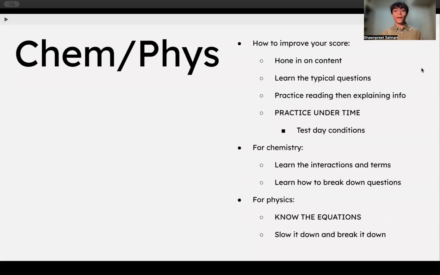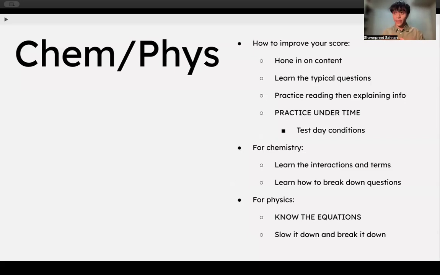How to improve your score in this section specifically, hone in on content. There's so much content in ChemPhys, not as much as some other sections, but there's plenty. And so you really want to make sure you have your content on lock. You want to know your interactions, like I'll talk about for chemistry.